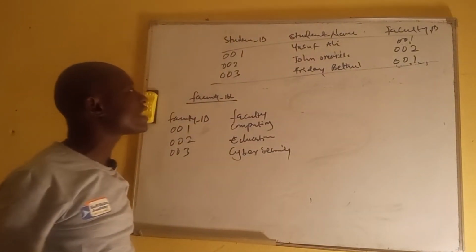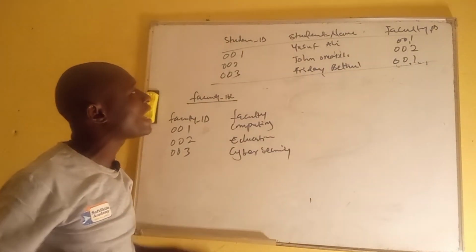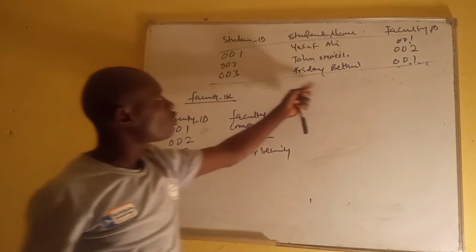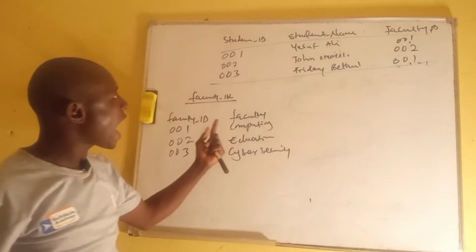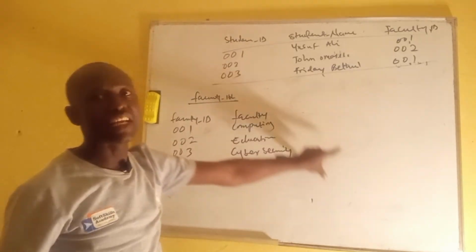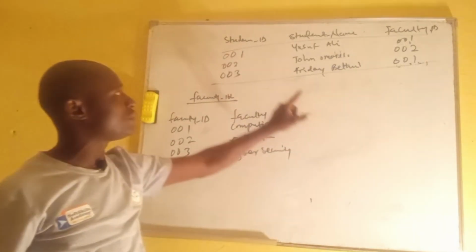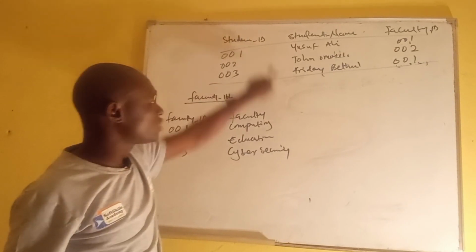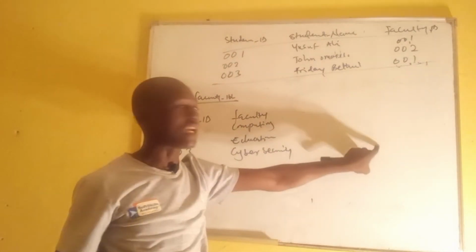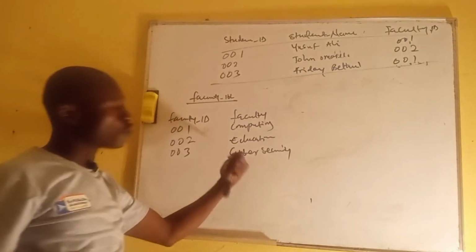So you can also enhance this to go further and create courses for this very table, where many students can take many courses, and many courses can belong to many students, and this courses table can also belong to many faculties.